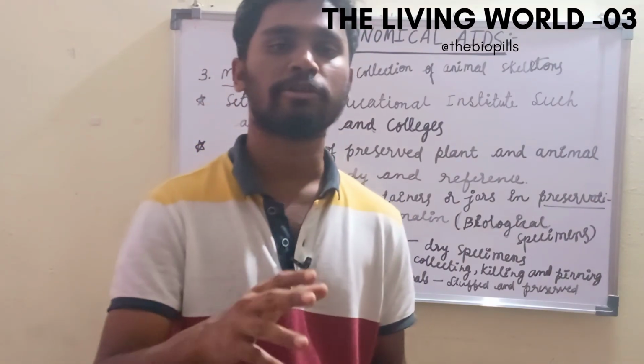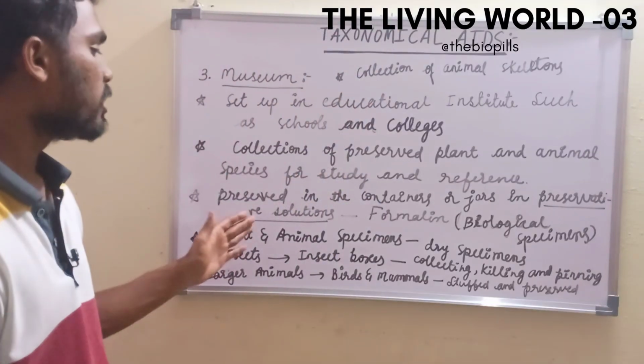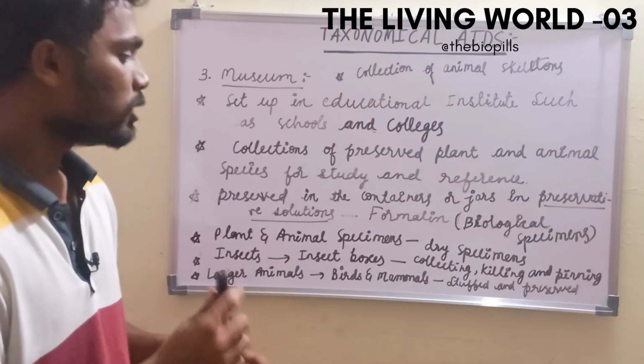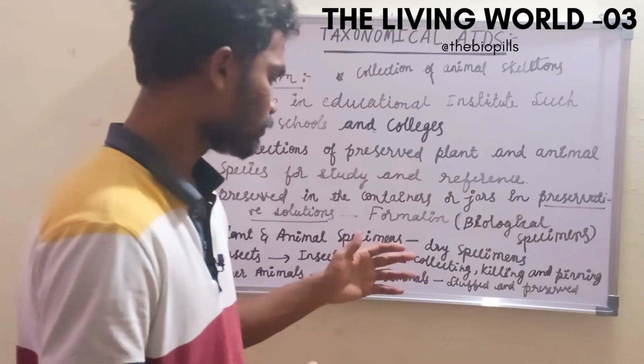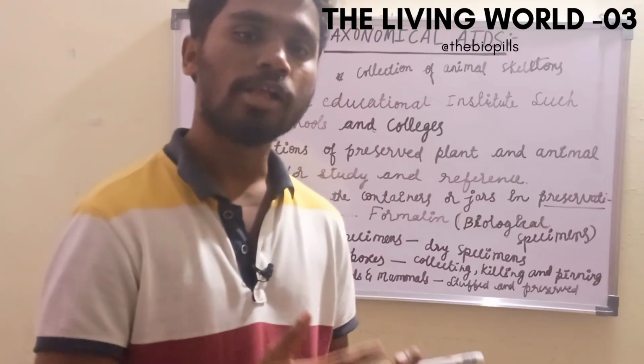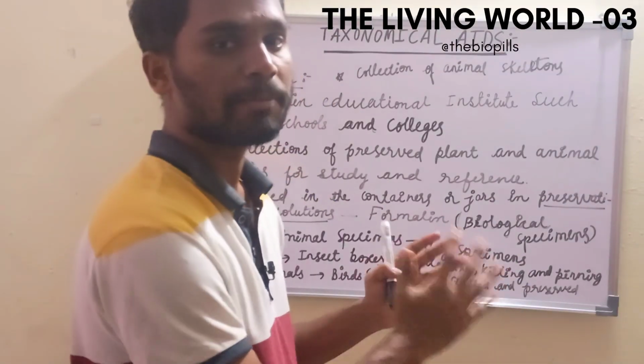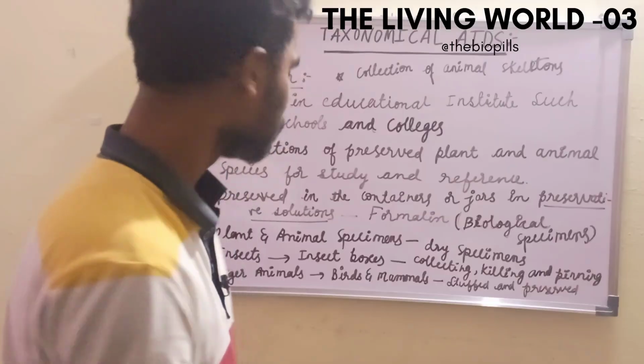Particularly, biological specimens are preserved in formalin preservative solution. And then plant and animal specimens will also include dry specimens. That means in museums dry specimens of plants and animals will also be there, where they are completely dried and kept for identification purposes.